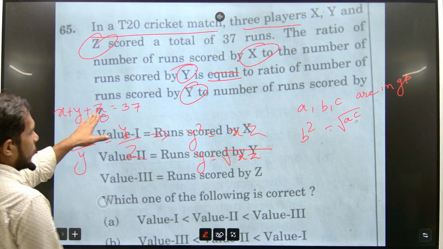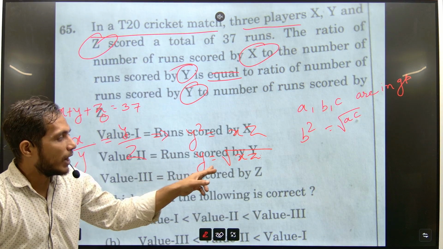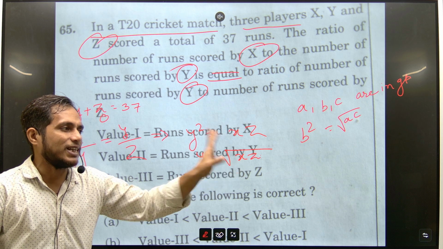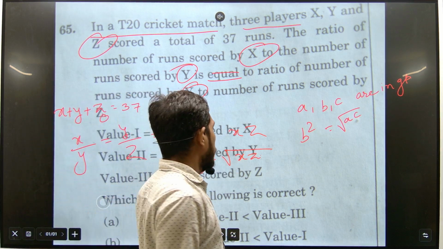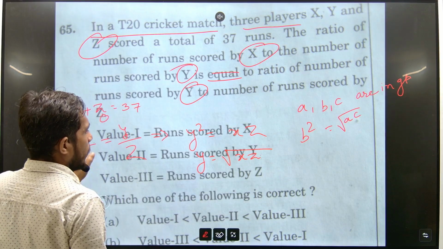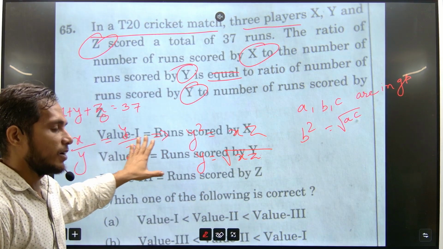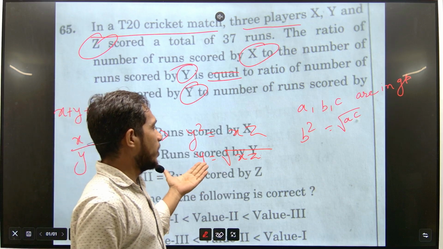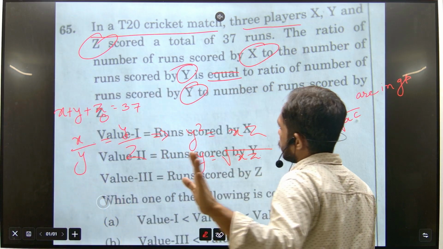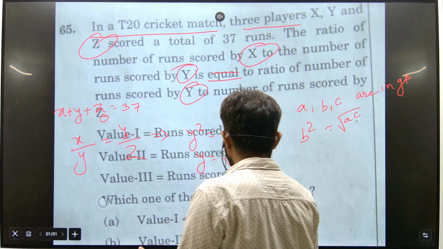So suppose X, Y, Z are in GP, it follows the same relation, Y is equal to root under XZ. Clear? So from here we have cleared about the question that X, Y, Z are in GP.